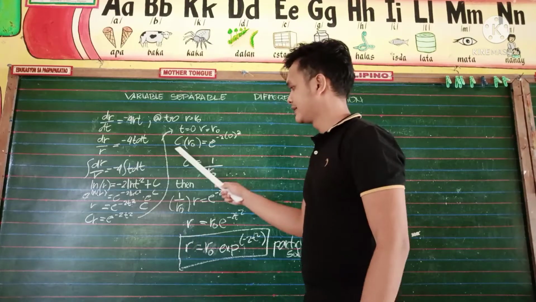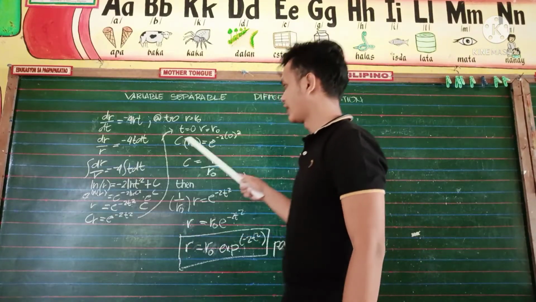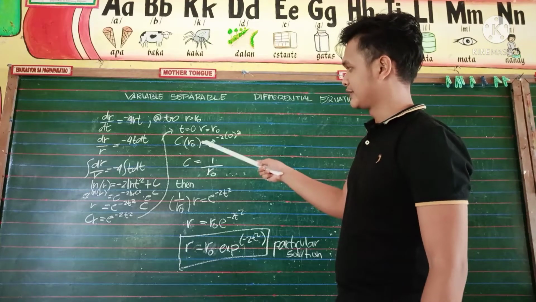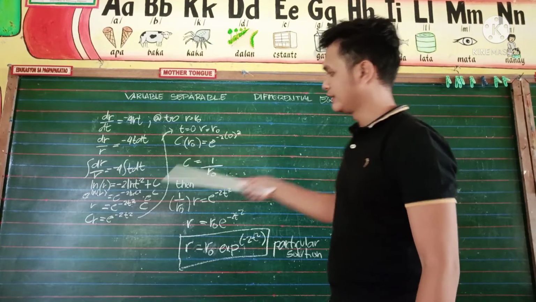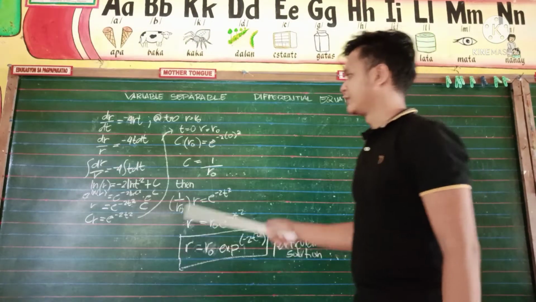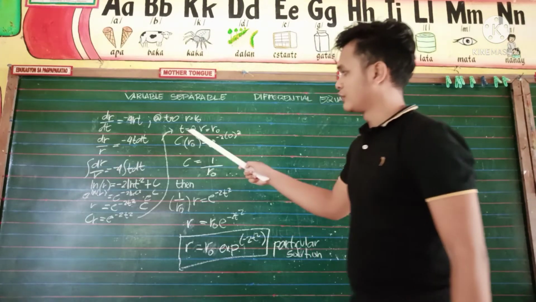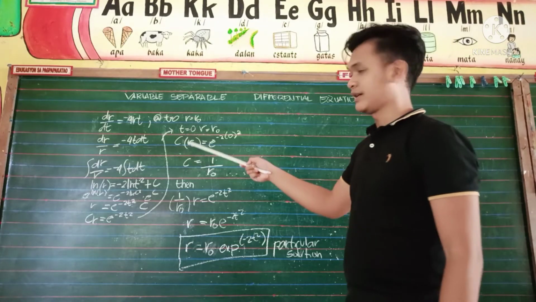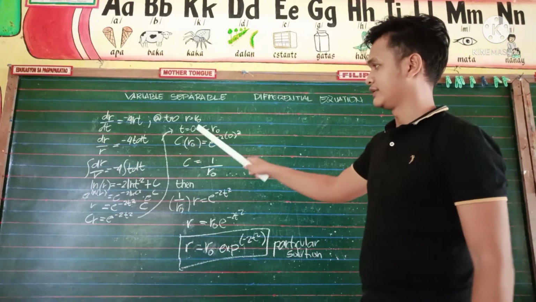So c multiplied by r, so r is equal to r sub 0, is equal to e raised to negative 2, and t is equal to 0, put this 0 squared. So we divide both sides by r sub 0 in order to cancel out here.